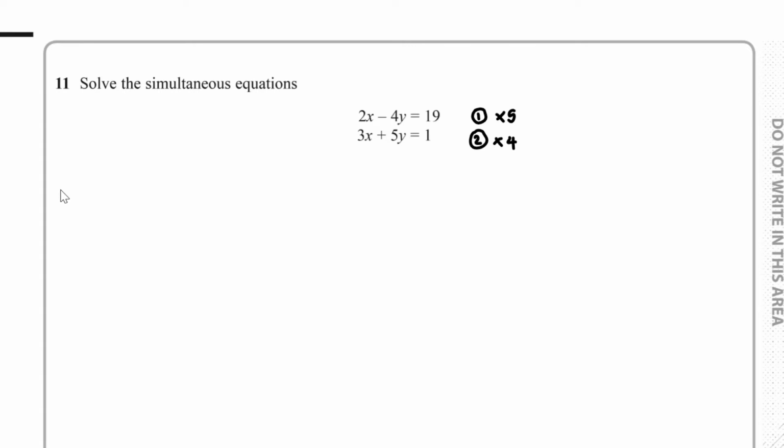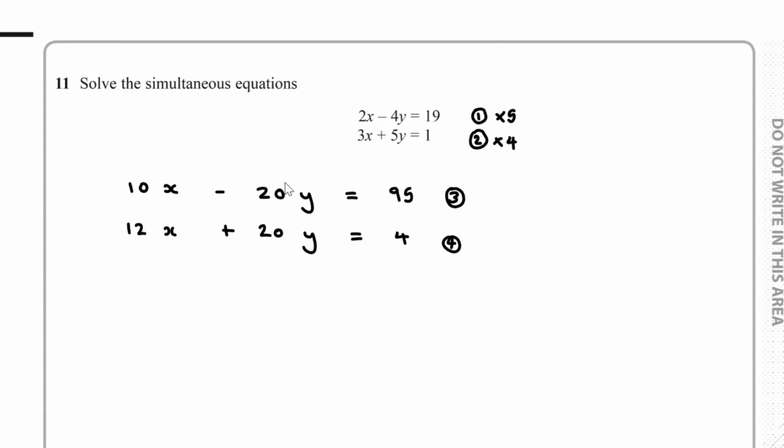And if we do that, we end up with 5 lots of 2x, which is 10x, so we've got 10x minus 20y equals 95. And then if I multiply equation 2 by 4, we get 12x plus 20y equals 4. I'll call this equation 3, and I'll call this bottom one equation 4.